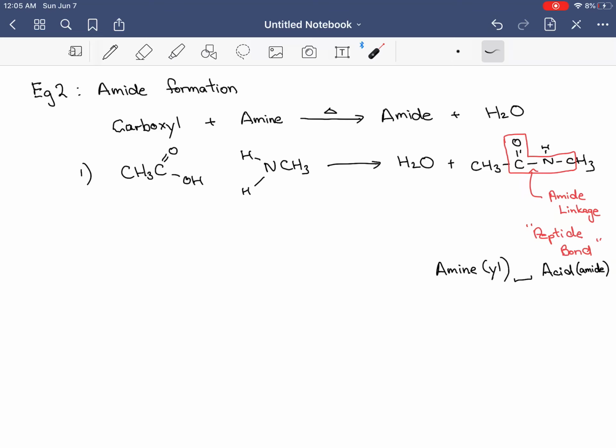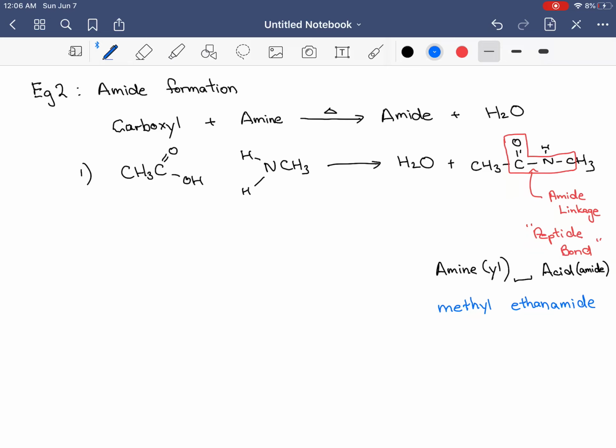So what we have here is a methyl. And that's it. And then you're going to have a space. Then you're going to name the acid portion, followed by the word amide. And the acid portion is only 2 carbons long, so you say ethane, followed by the word amide.